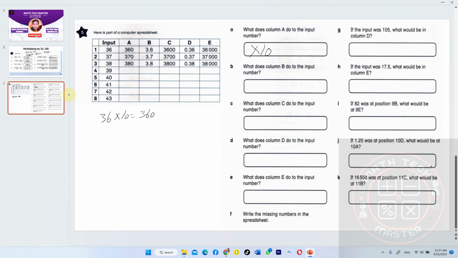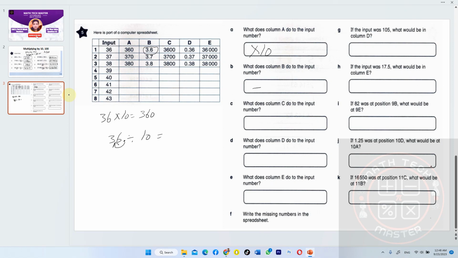So the number is 36, but column B says it is 3.6. So how can we get 3.6 from 36? It is clear that if we divide the number by 10, the decimal which is outside the number will go towards the left and it will become 3.6.